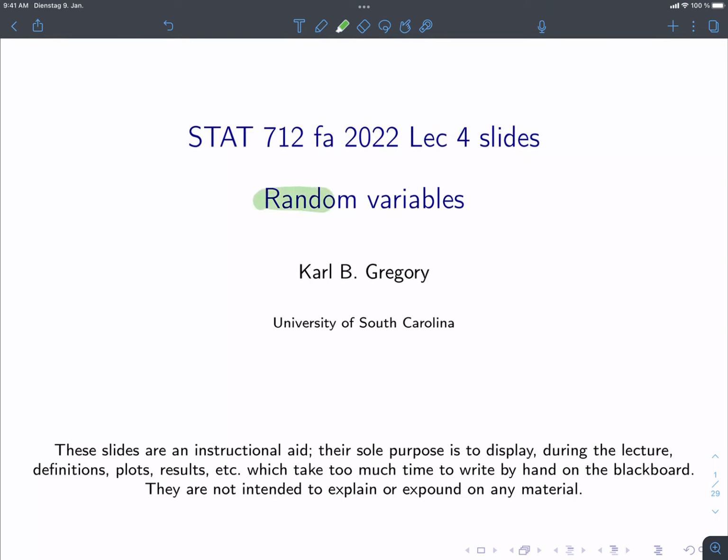So I want to introduce something called a random variable. A random variable we can think of as some number that we just haven't observed yet. It's going to result from an experiment. And so it could take any number of values, and it takes different values with different probabilities.